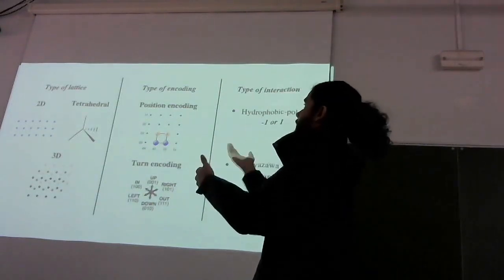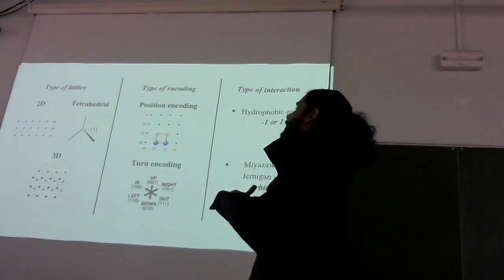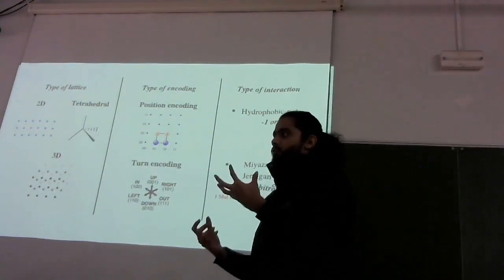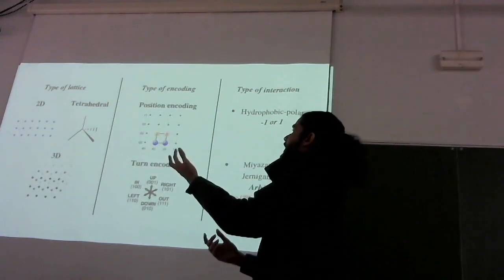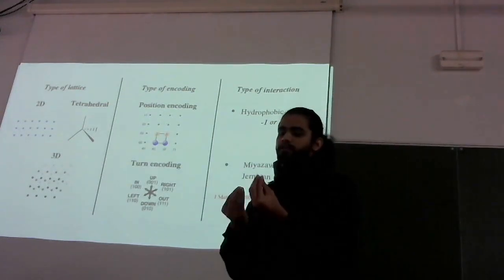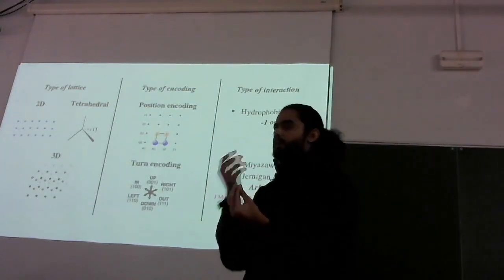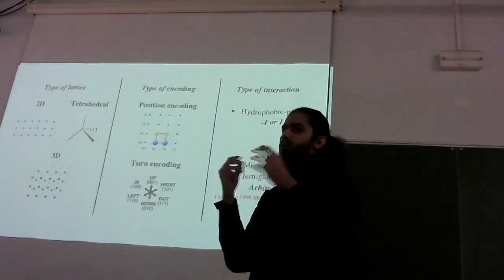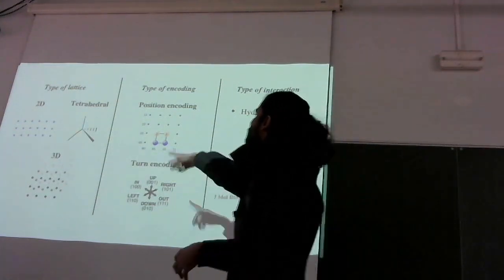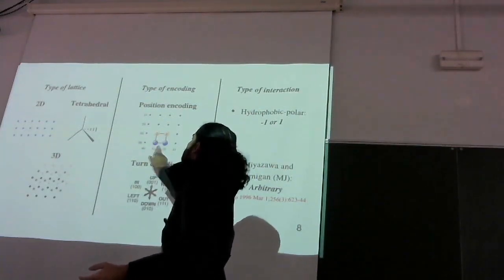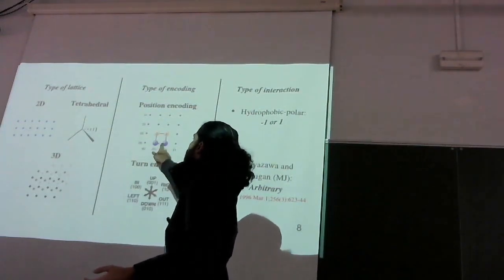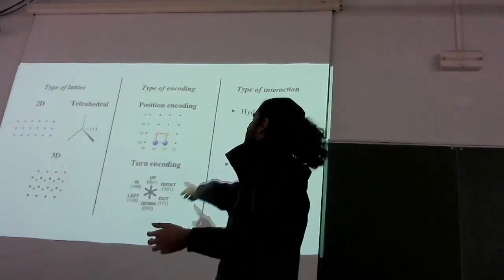We also have to select the type of encoding, how you encode the information. We have 2 ways to do it. First is position encoding, where you encode the position of your bead, your amino acid. One qubit will show the coordinates of the amino acid. For example, 0001 will show this one, 0010 will show this one, and then this is the interaction. And the second one is turn encoding.